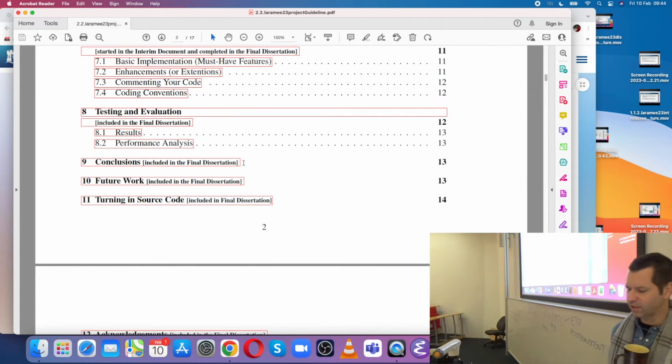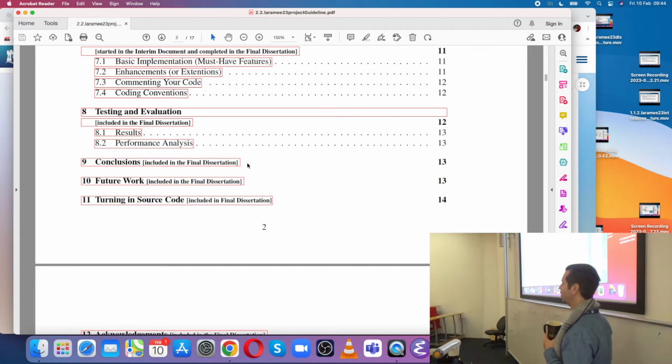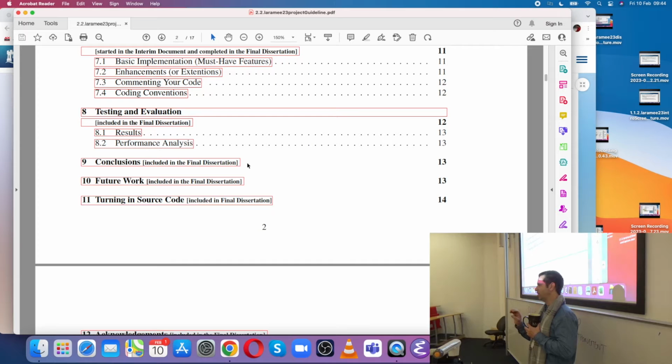You could have a section called discussion, which is about the things that didn't go according to plan, for example, or I tried to do this, but this is what went wrong, and this is how it could be solved if there was more time. You could also call it a section like limitations.